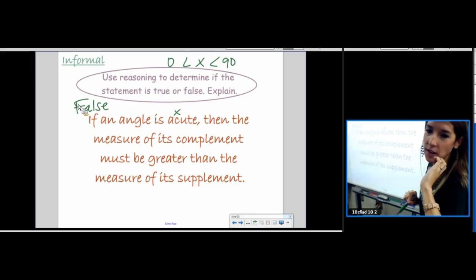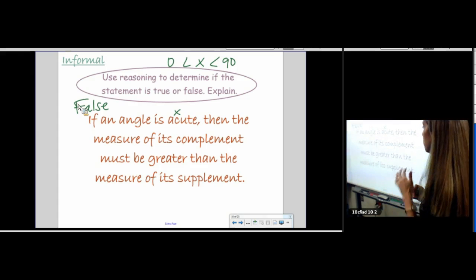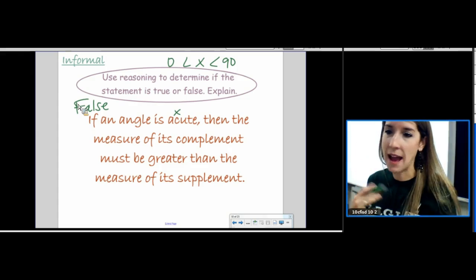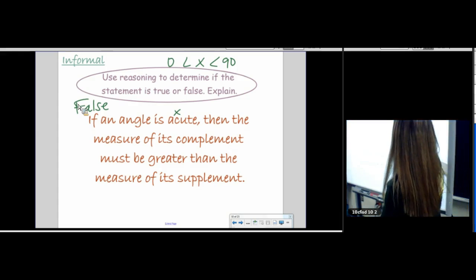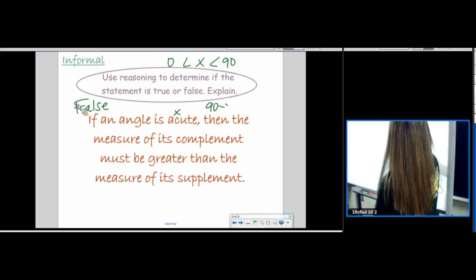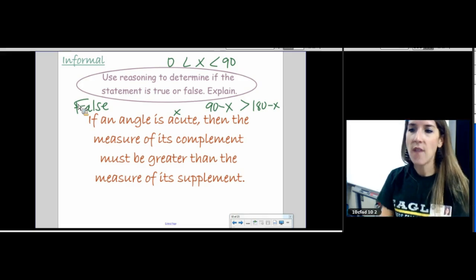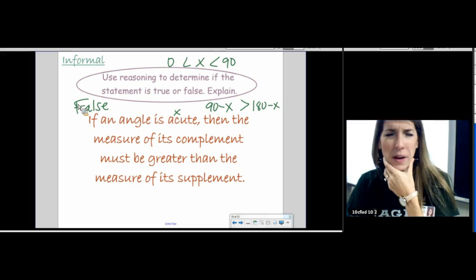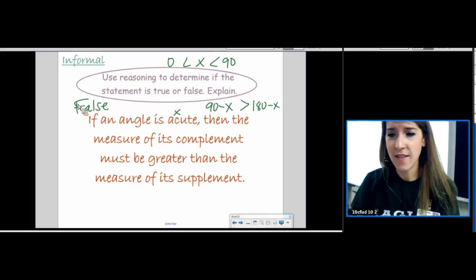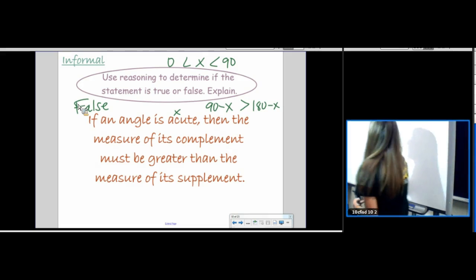Yes, you can prove by substituting numbers. Yes, and that is one of the properties on this list that we're going to get to. But we're not proving this. We're just backing it up. This is informal. Okay. The measure of its complement must be greater than the measure of its supplement. Now, if I were solving that equation, if I were trying to solve for x, what would I do? What would happen to those x's? You have a negative x on the left and a negative x on the right, and so when you add x to both sides, they're going to cancel.